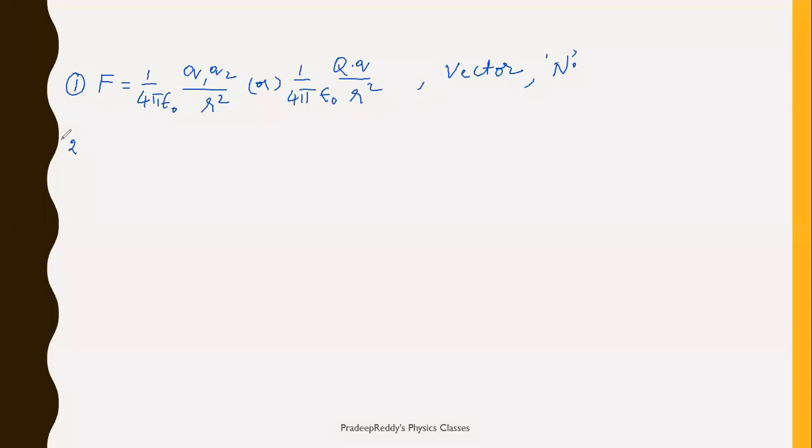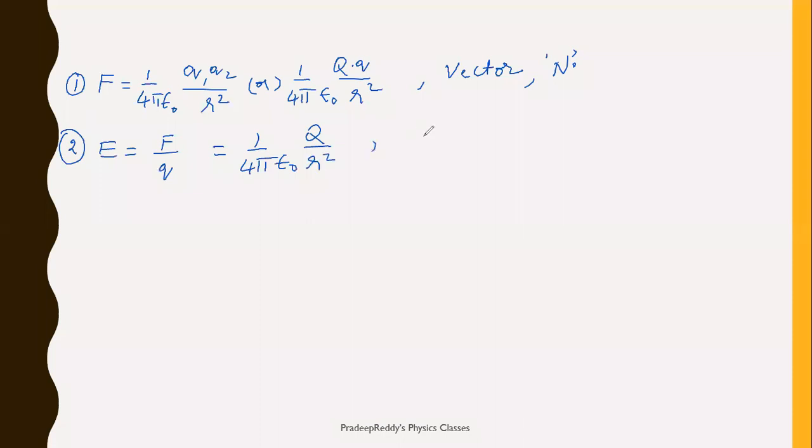Similarly, after electric force, we have learnt electric field. Electric field is equal to electric force divided by test charge q. This is written as 1 by 4 pi epsilon naught capital Q divided by R square.